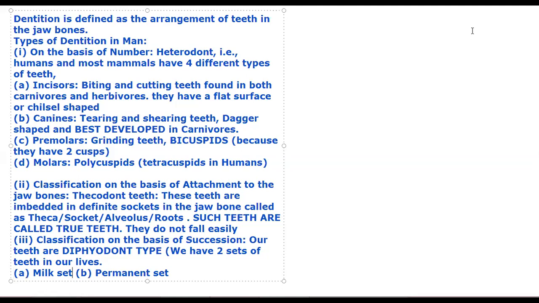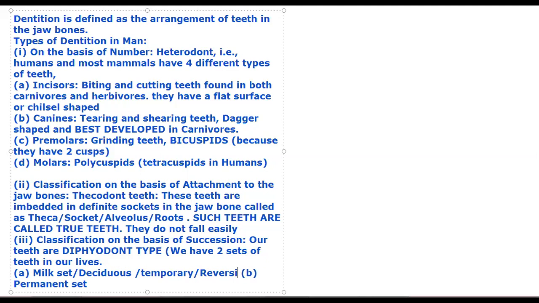The milk set is also called the deciduous set or temporary set. Milk set, deciduous set, temporary set, or this is a reversible set. Why? You will get it back. Reversible set.